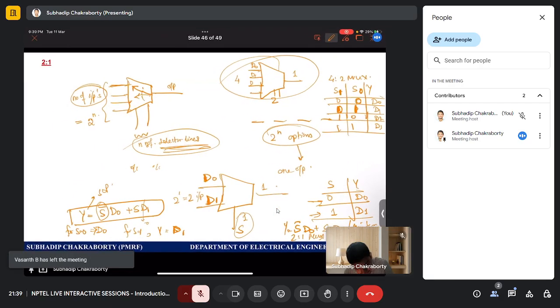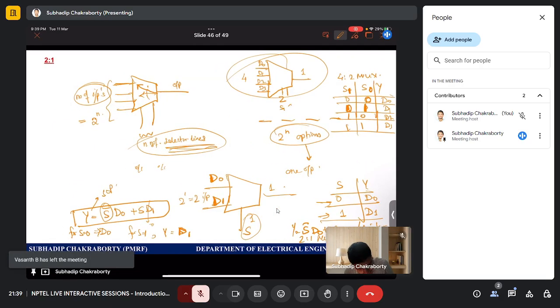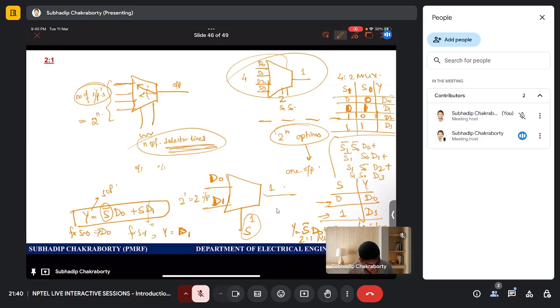So what you get is S1 bar S0 bar D0 plus S1 bar S0 D1 plus S1 S0 bar D2 plus S1 S0 D3. So this is the equivalent Boolean expression for a 4:2 mux.